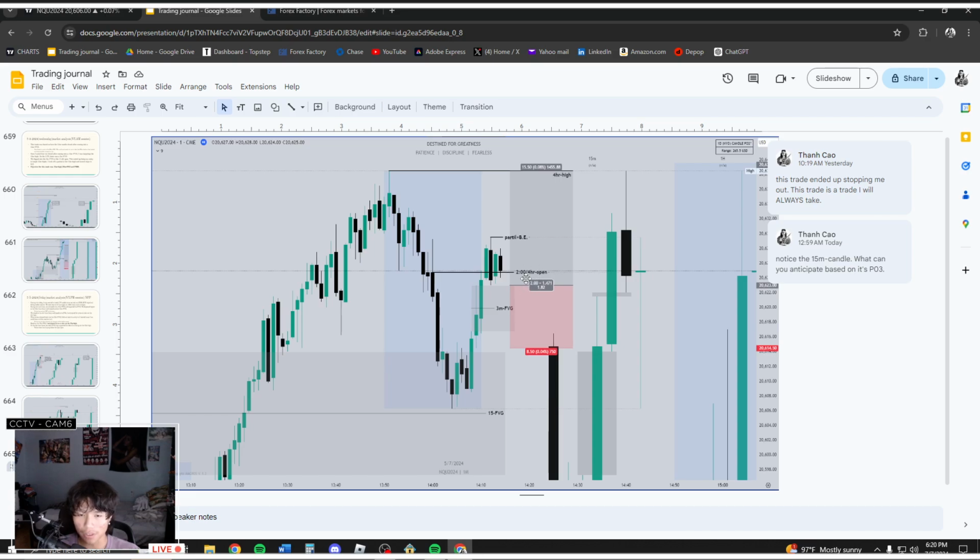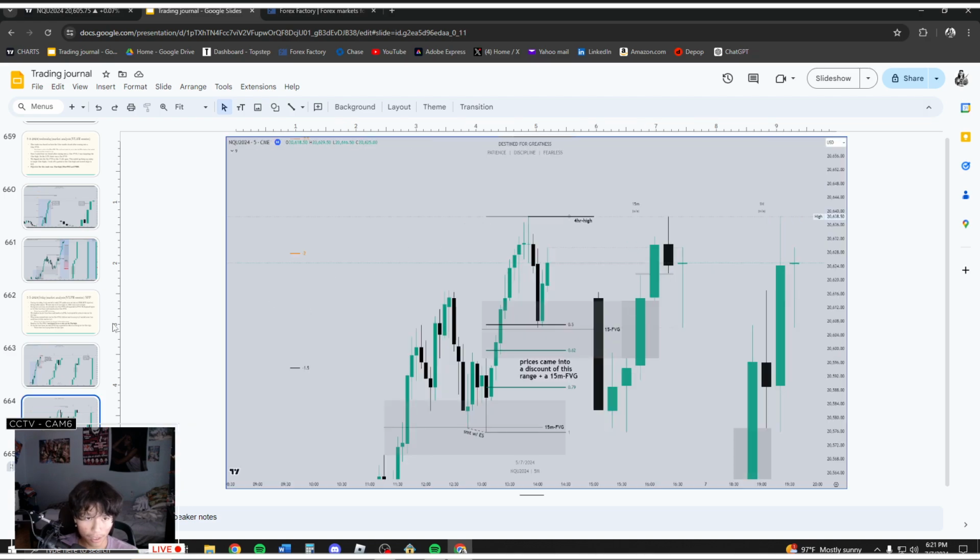I'm buying below the 2 p.m. open. I understand that the higher time frame draw is at the 4-hour high, and this 15-minute power of 3 draw right now is not the exact same objective, but it's in the same direction, which is pricing higher. On this 5-minute time frame here, just notice how we came into a discount of this range as well.